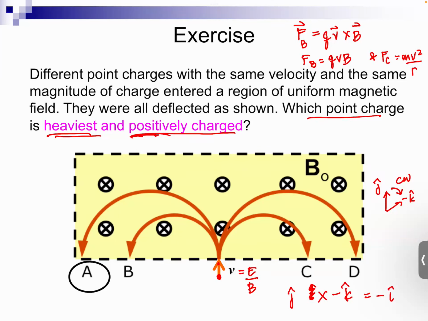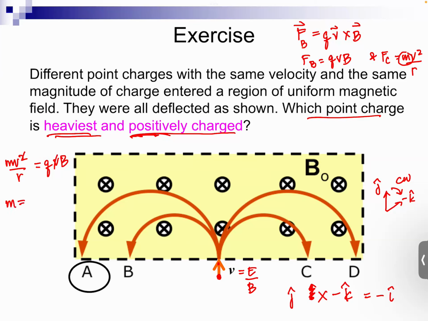Because it's positively charged. So particle A and particle B, they're both positively charged, but which one will be heaviest? Heaviest meaning biggest mass, right? So mass comes into the centripetal force equation there. Good, yeah? So centripetal force is mv squared over r. The centripetal force is provided by the magnetic force, qvB. Hence, v will cancel out.